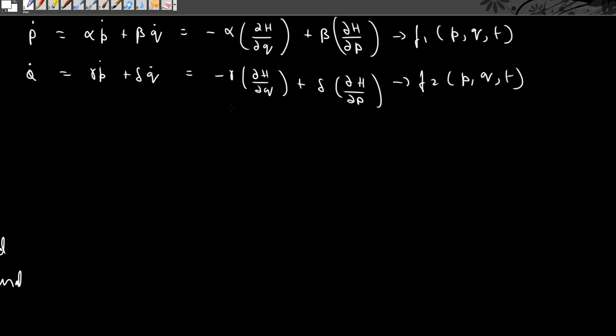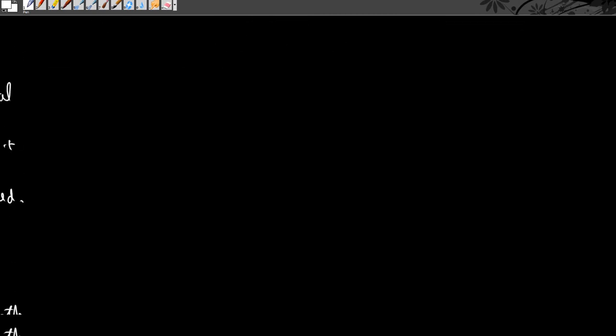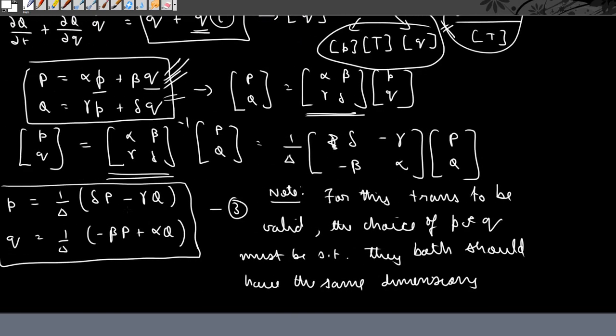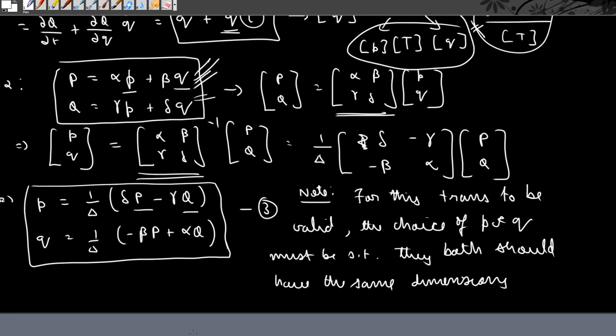Now in this relation, what we need to do is write p and q using equation 3, that is, each of the small p and q in these functions can be replaced using these relations, which are in terms of capital P's and Q's.